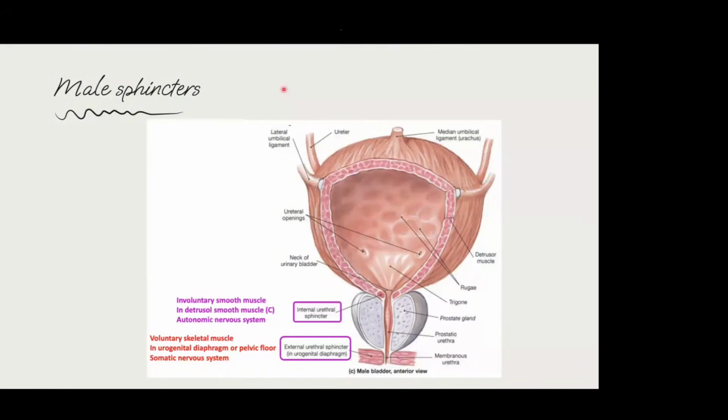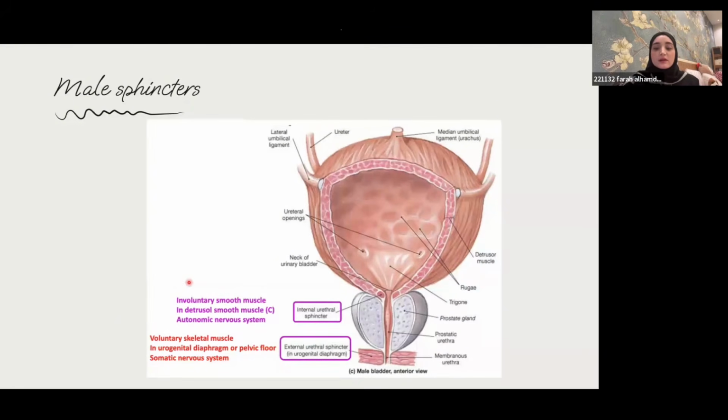The external, because it is voluntary, controlled by the somatic nervous system. So we teach them how to control the external urethral sphincter in order to hold urine.